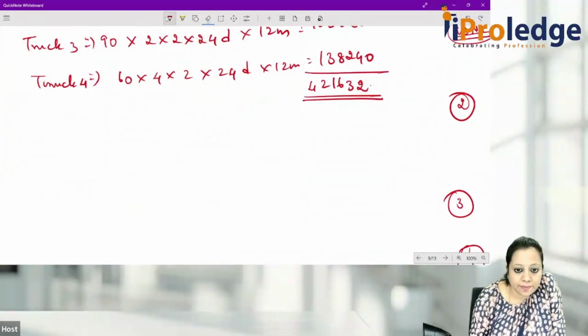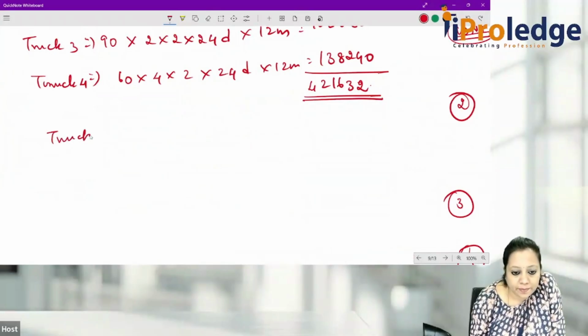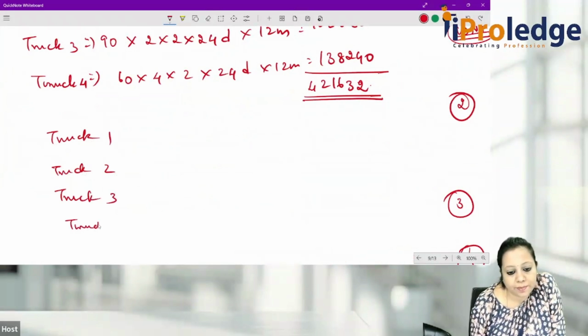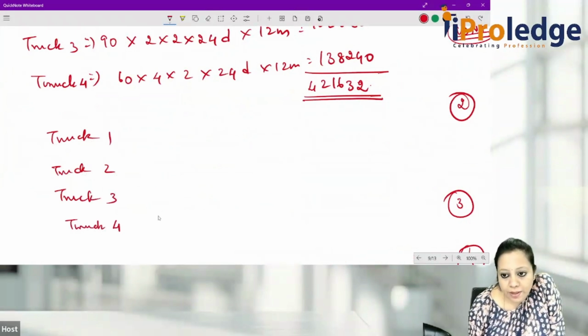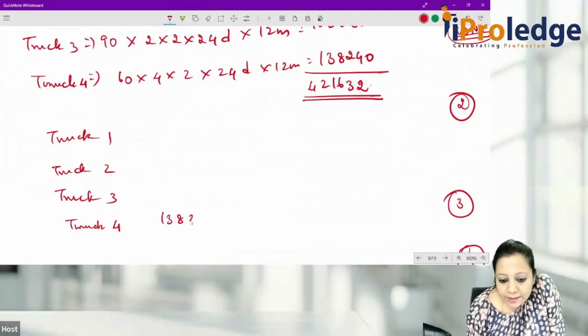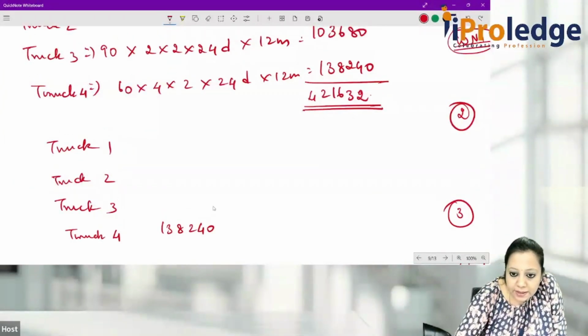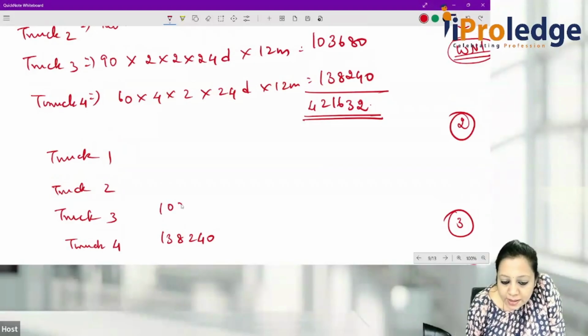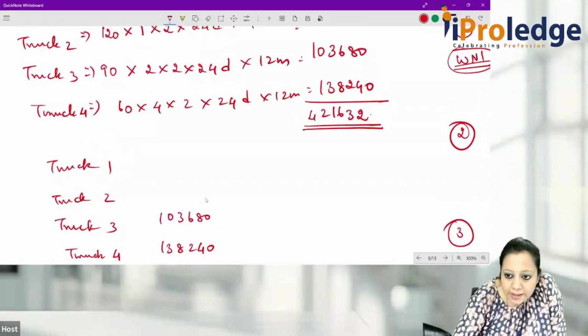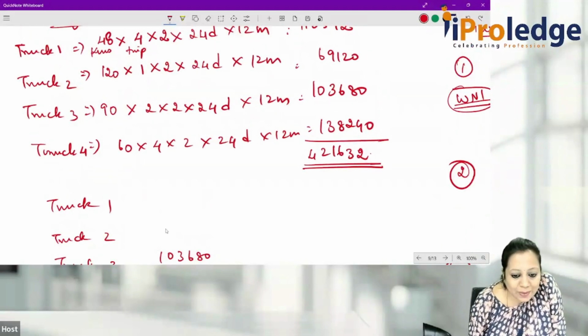Truck 1, truck 2, truck 3, truck 4. For truck 4, it is 1,38,240. Then 1,03,680. Yes. 69,120.